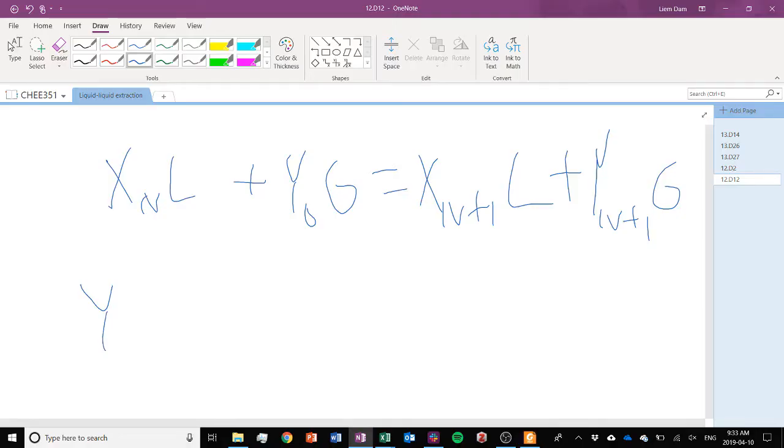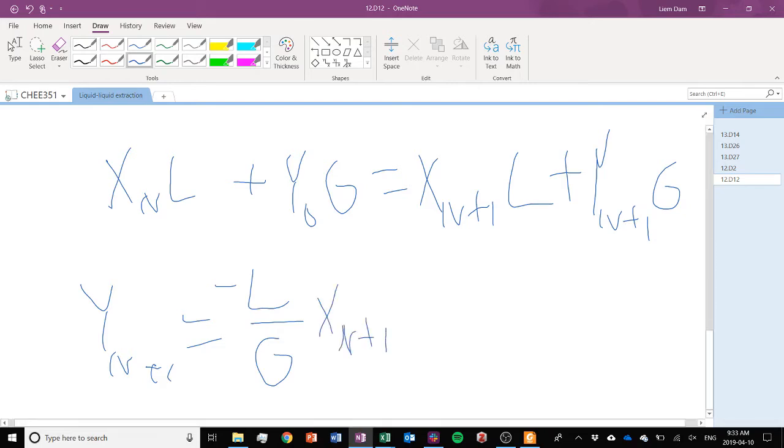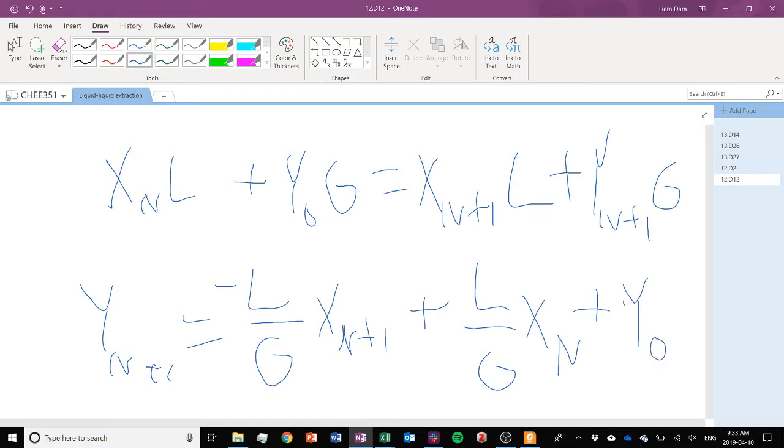Yn plus 1 is equal to L over G times Xn minus L over G times Xn plus 1, plus Y naught. Okay, so now we have our operating line equation.